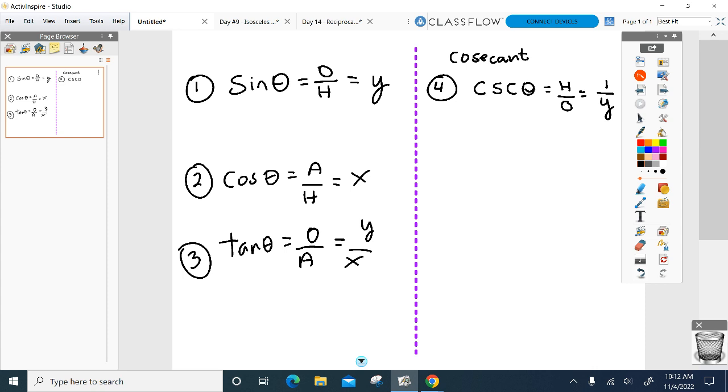Let me show you an example. Sine 30. You know how to find that. Not using your calculator, but using the unit circle, you know how to find sine 30. What's the point at 30? Radical 3 over 2, 1/2. Ready?